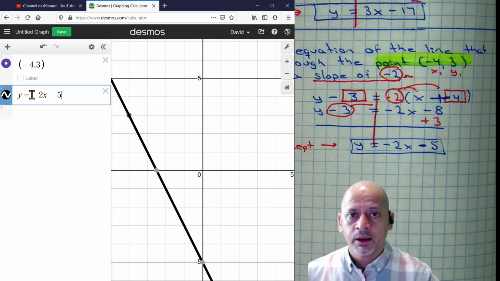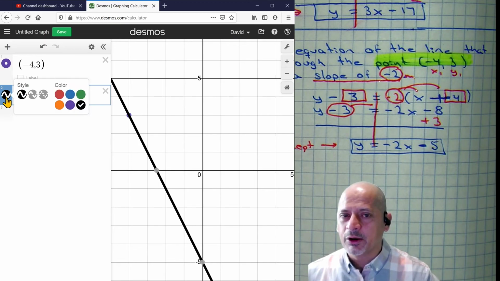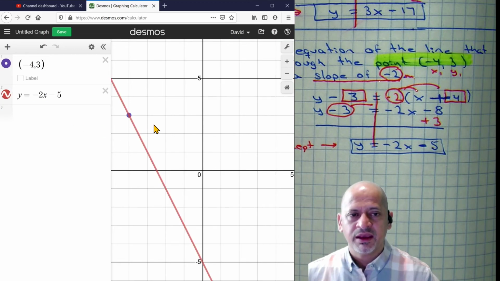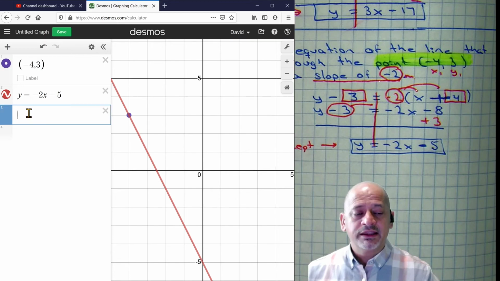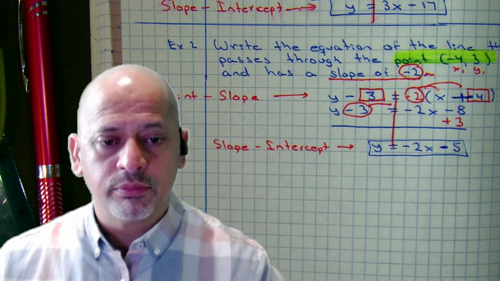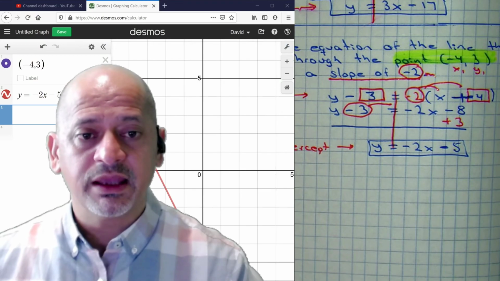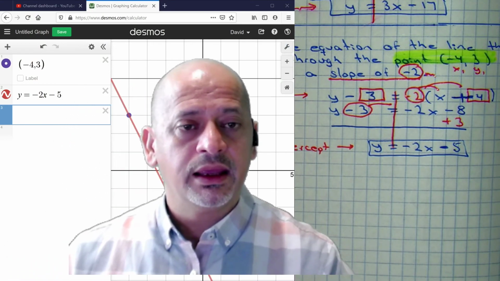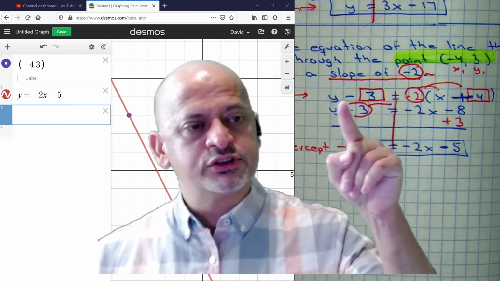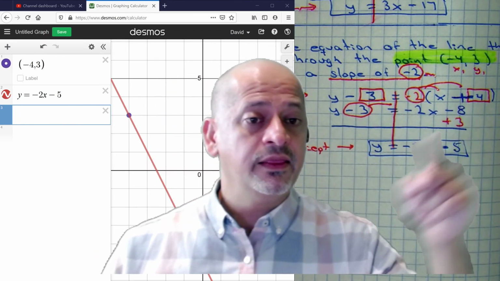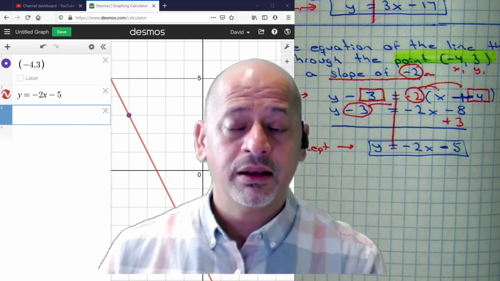Perfect. Now I can change the color. If you don't like it black, you can hold it and then just say I want it red. And now I can see it. And now if I type my equation in point slope form, then that should be exactly the same line.